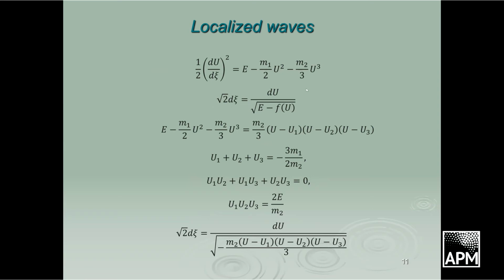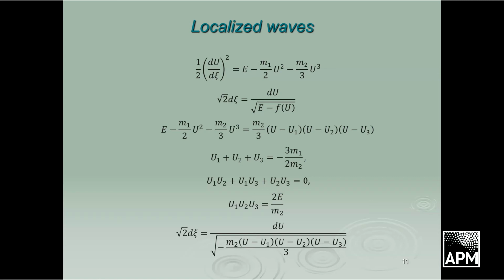For that purpose, we multiply it by the term du divided by dxi, and we perform integration. After that, the equation can be rewritten in the following form. And here E is the integration constant, meaning the initial energy of the system.